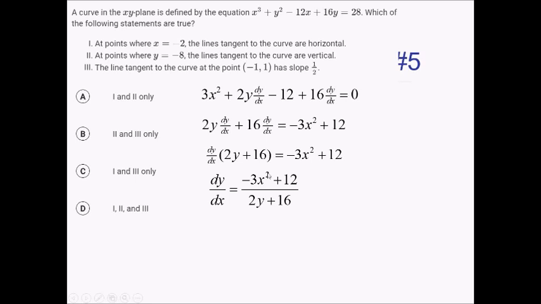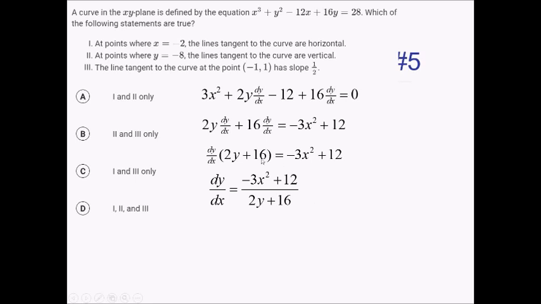All right, so I have the equation for the slope of this curve, and it takes both x and y values. Now, to answer these questions here, they said option 1 here, where x equals -2, lines tangent to the curve are horizontal. Well, that's basically saying that when you plug in -2 for x, this whole fraction comes out to 0, a slope of 0, a horizontal tangent line. So let's test out if that's actually true. Now, to make a fraction 0, you have to make the numerator 0.